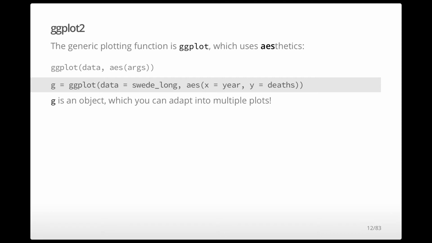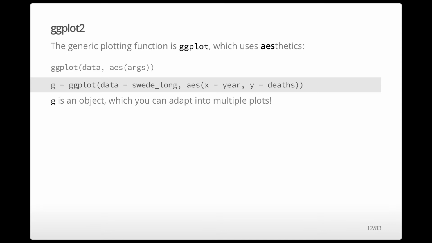So aes, parentheses, is a function, and then you specify x, y, and a whole bunch of other things you want to specify in the plot. So for example, you want to color the points by something. You want the line width to be mapped to some data point, right? You want the size to be relative to the population or something like that. That is what you put in aes.